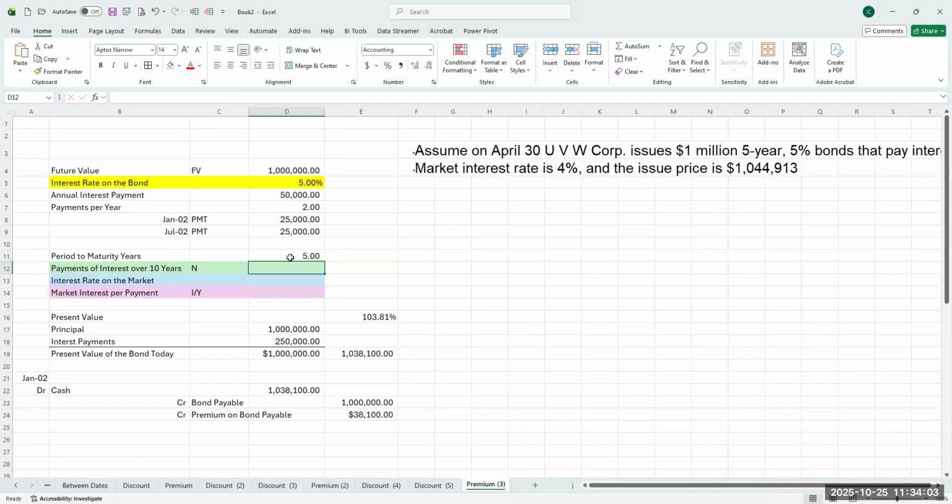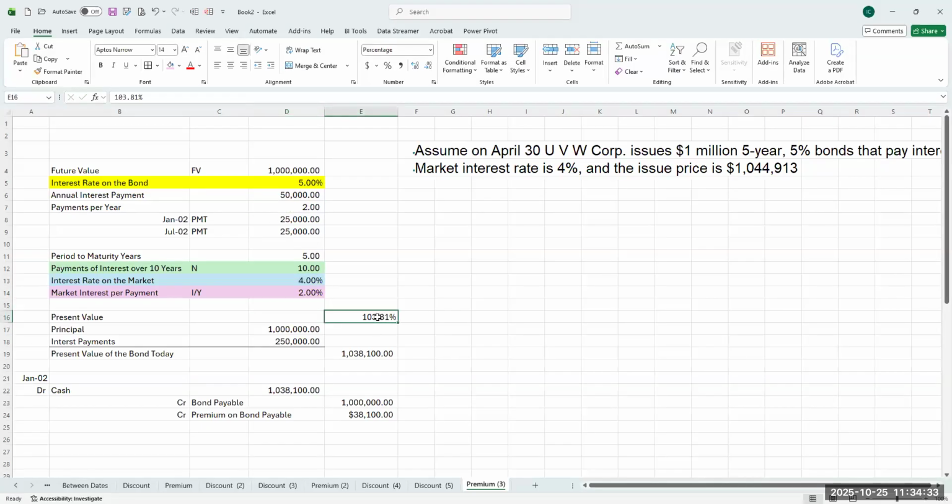And since we're paying the interest 2 times per year, total payments that we have to make on those interest payments will be 10. Interest rate on the market is 4%, which is gonna drive us our premium since we're paying more than the market. And then the market rate interest per payment is gonna be 4% divided by the number of payments that we're making per year, which is 2.